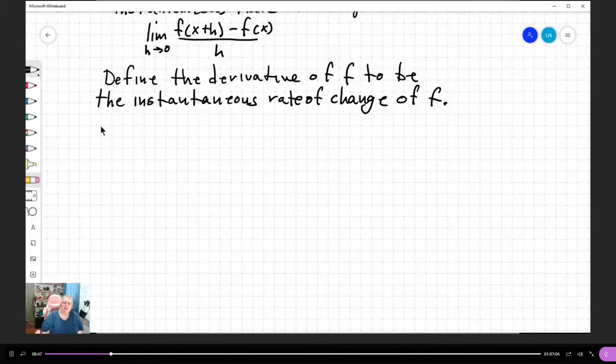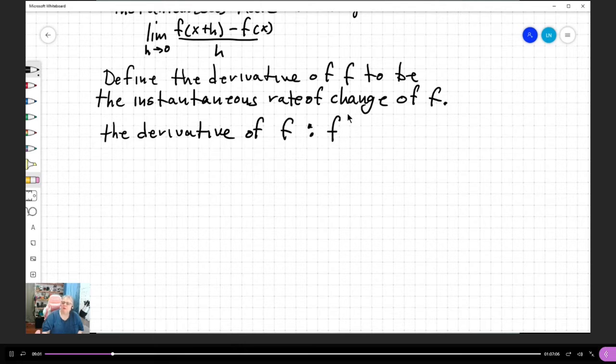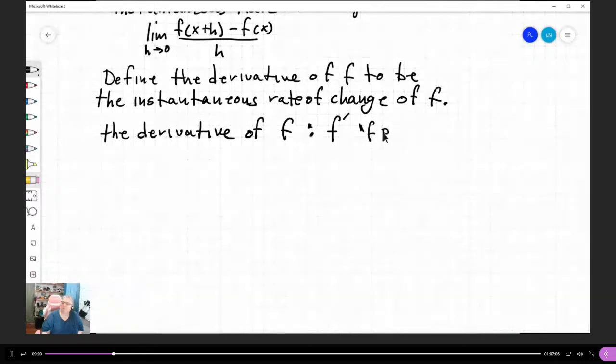We say the derivative of f, we write it as f with a little apostrophe up there. You read that as f prime.